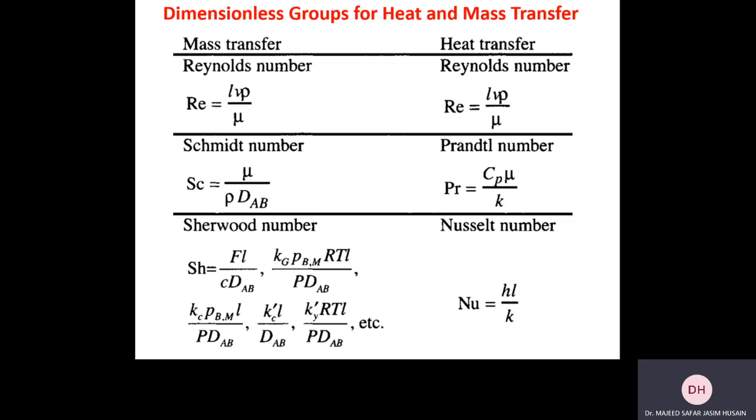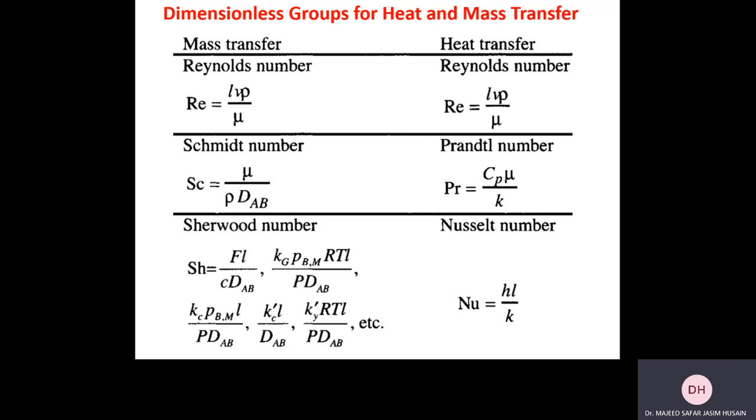Then you have, for heat transfer, the Prandtl number. Prandtl number is specific heat multiplied by viscosity divided by k, where k is the thermal conductivity. The corresponding dimensionless group for the Prandtl number, we call the Schmidt number.